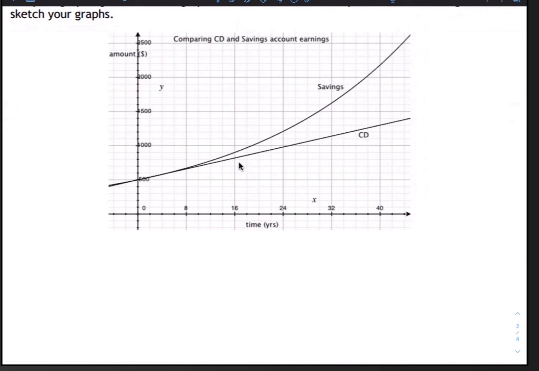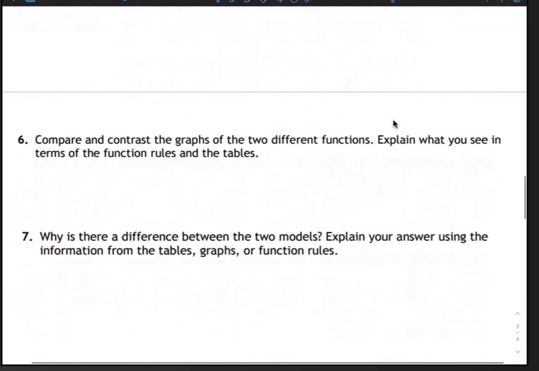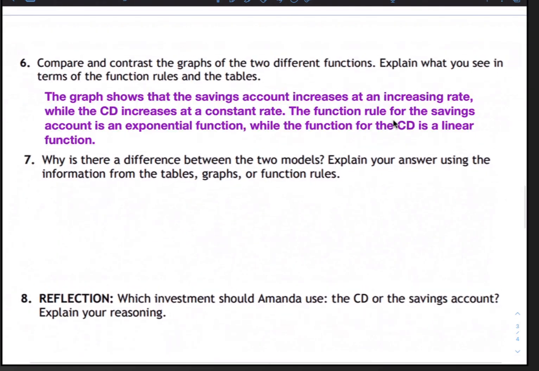Whereas the CD, it also increases, but it is increasing at a constant rate. So we can simply say the graph shows that the savings account increases at an increasing rate, while the CD increases at a constant rate. The function rule for the savings account is an exponential function, while the function for the CD is a linear function.